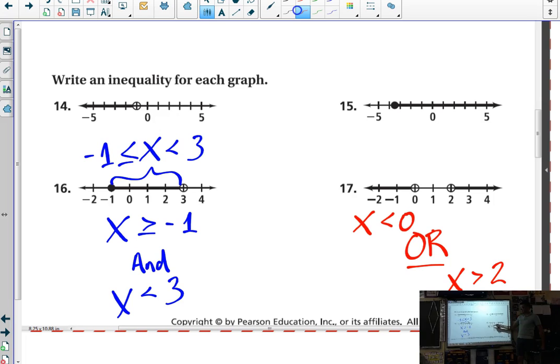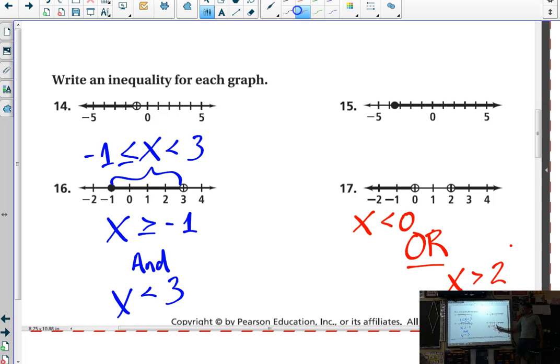When I write a double inequality, my inequality symbols have to be pointing the same direction, because I'm either reading it left to right or right to left. I can't put these together because I don't have a limiting factor to the left side and a limiting factor to the right side. My limiting factor is the gap that doesn't exist.